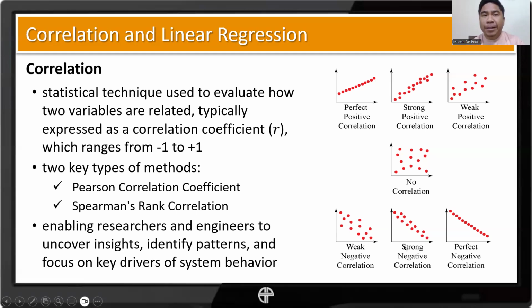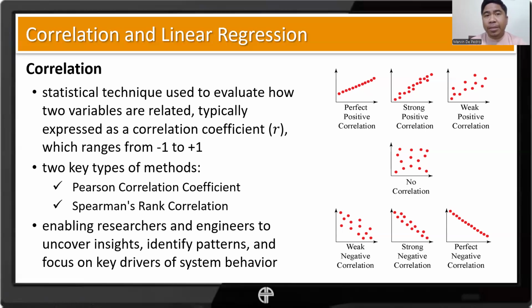While if our R is positive, then we'll notice an upward trend. Another thing, you can see that there is a perfect, a strong, and a weak correlation. That happens in both our negative and positive correlation.